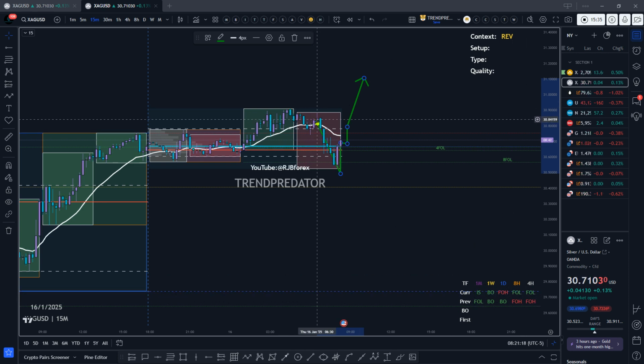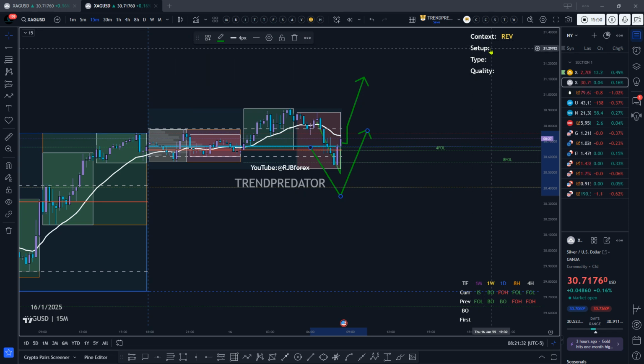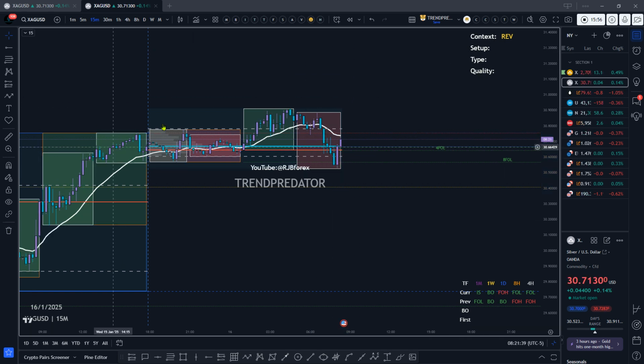But for whatever reason, the market is dumped, taking out the highs. It could just be a stop hunt. That could be the low of the day. We don't know. So we sit on our hands and we wait for the market to set up, and we can use this indicator to tell us what is setting up and the quality of the setup as and when an opportunity turns up. So I hope that was insightful.